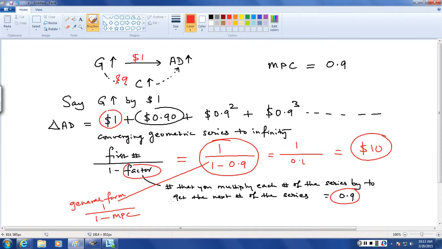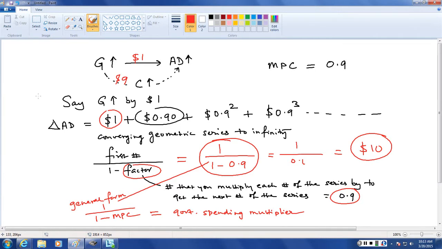It just so happens that we've chosen 0.9 as the MPC. 1 divided by 1 minus the MPC. And this thing has a name. It's called the government spending multiplier. It's 1 divided by 1 minus the MPC. Right? Okay.